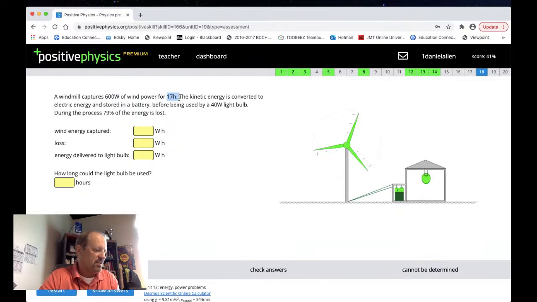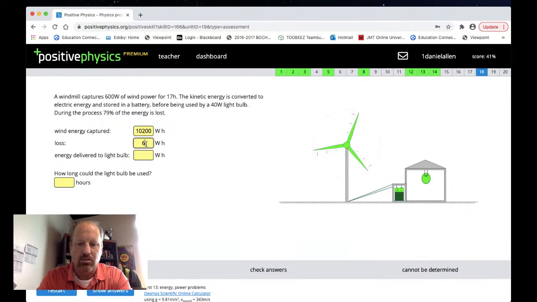So 600 times 17 is 10,200 watt hours. And the loss is 79% of that, which is 0.79 times 10,200, which is 8058.